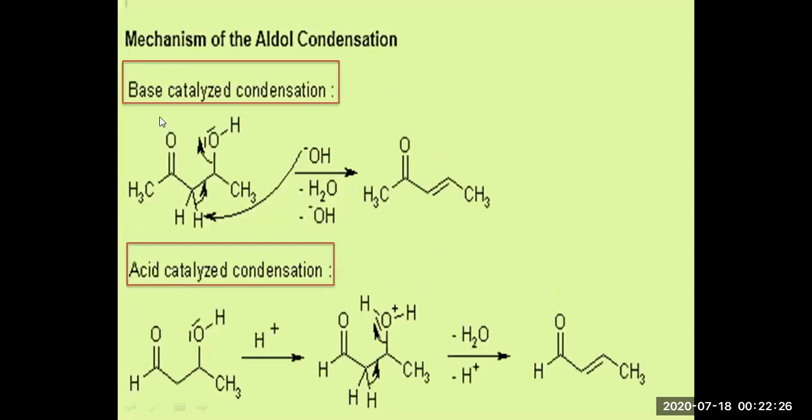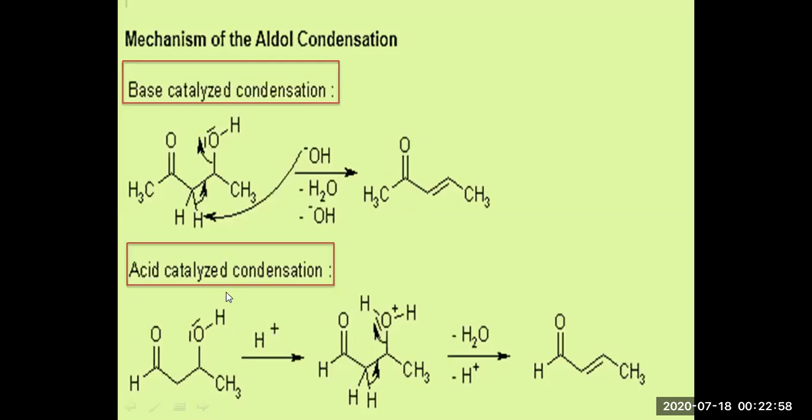Similarly, as I told you, even aldol condensation can take place by both mechanisms, that is base catalyzed and acid catalyzed. If it is base catalyzed, then the alpha hydrogen atoms of the aldehyde or ketone, which are acidic in nature, are abstracted, a carbanion is formed, and that carbanion then further undergoes condensation to give you an alpha beta unsaturated aldehyde or ketone as a product.